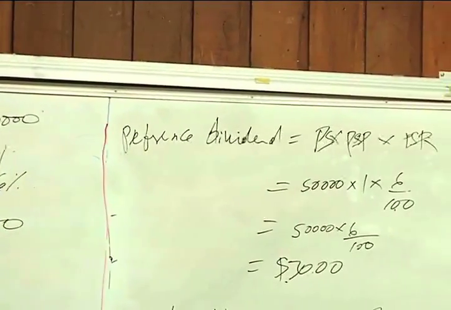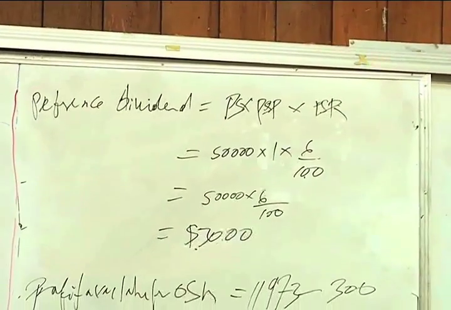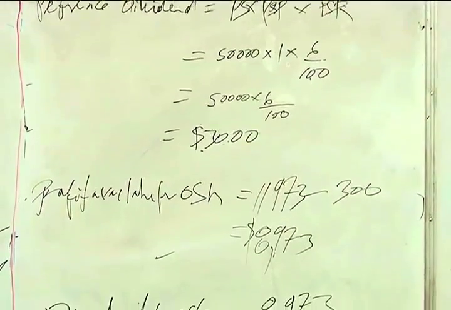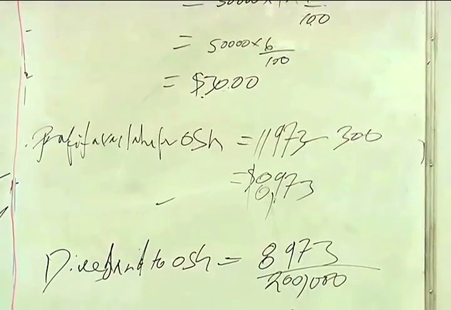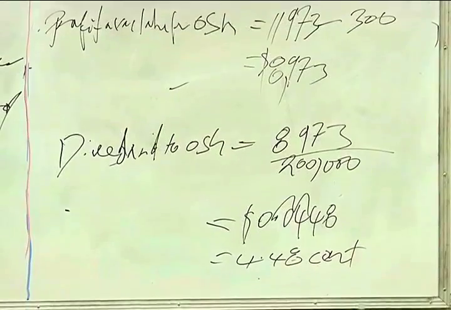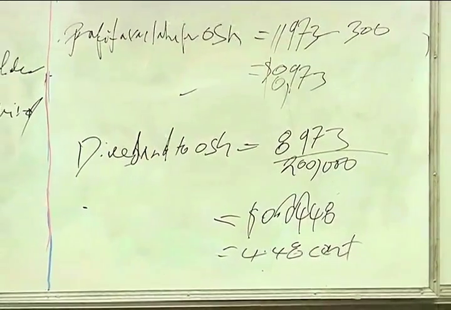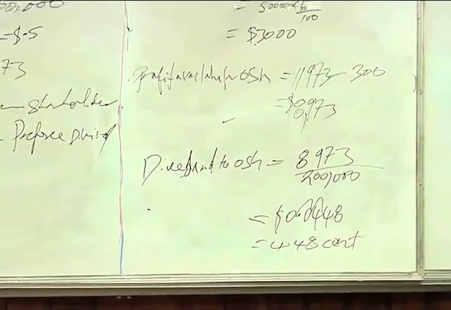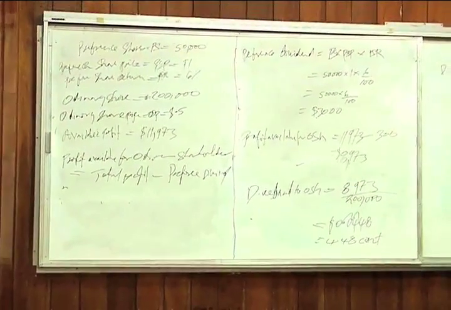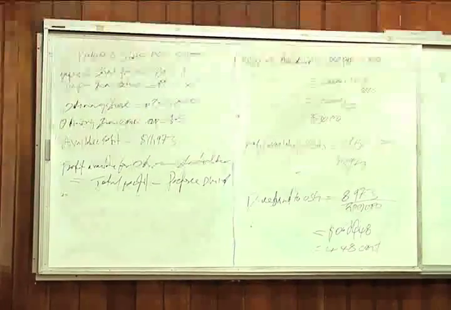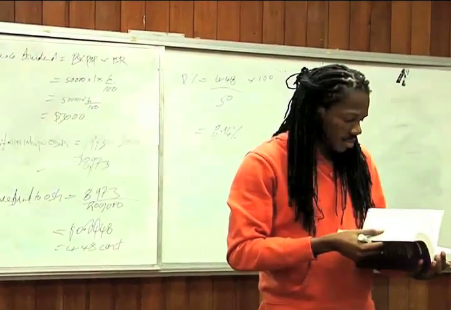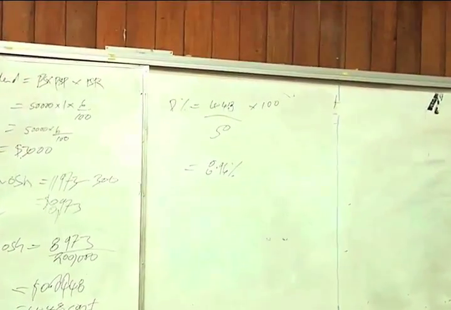It's a percent, but it also is a yield. Remember yield? Returns over price times 100. So dividend percent and yield are the same. You understand? The answer is 8.96%. Everybody see that?